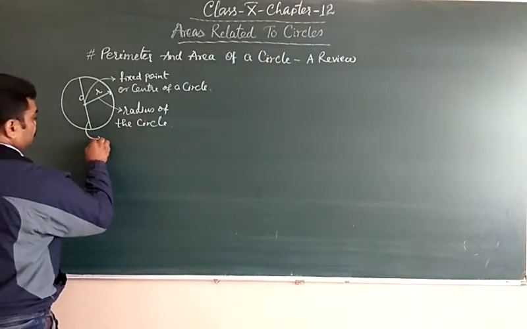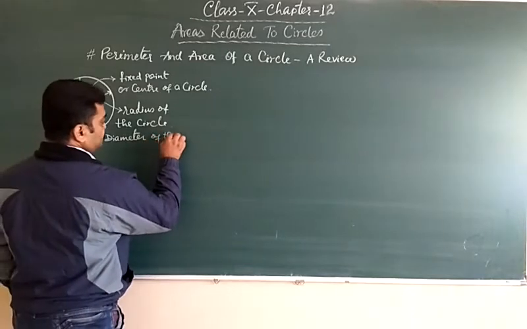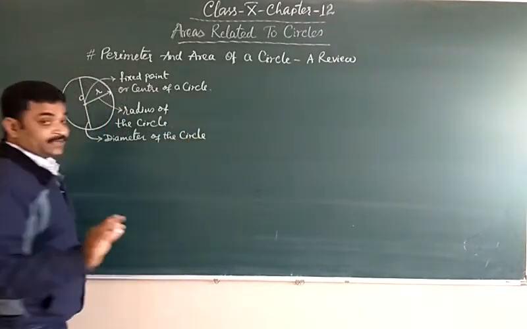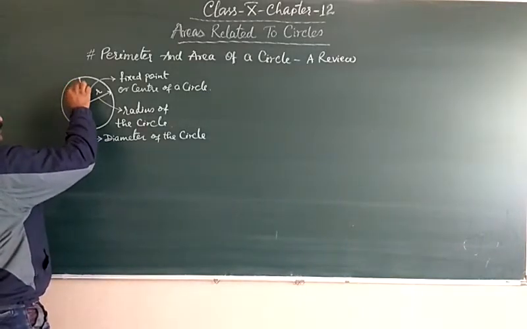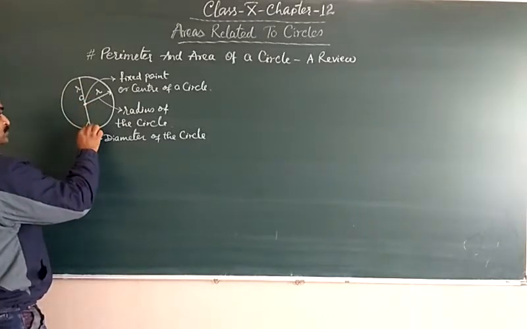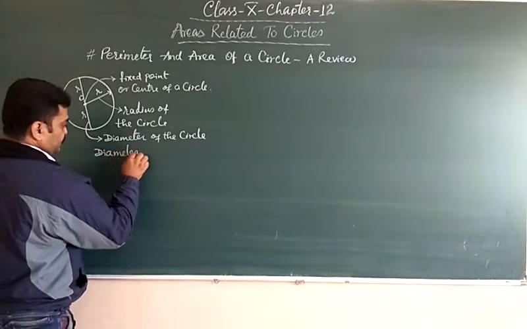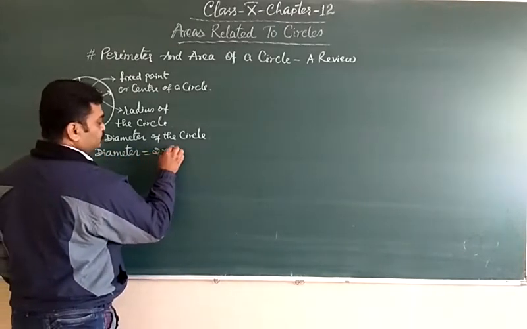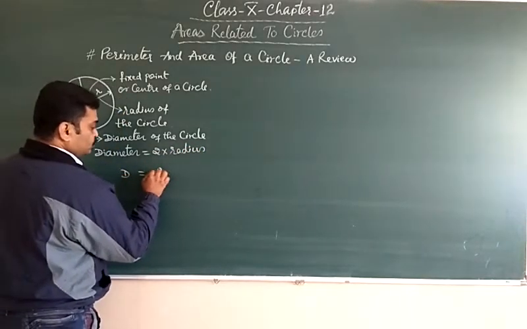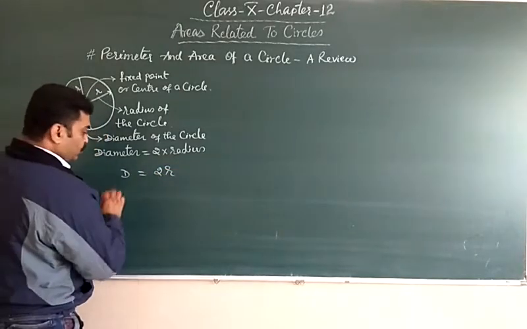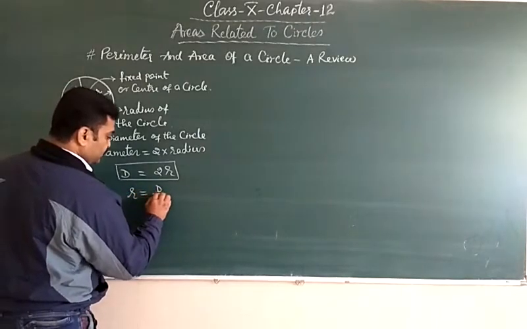This is the diameter of the circle with radius R. From this center to this point it is R, and again from this center to this point it is also R. That means diameter is equal to 2 into radius, generally denoted by D, so D is equal to 2R, or R is equal to D by 2.